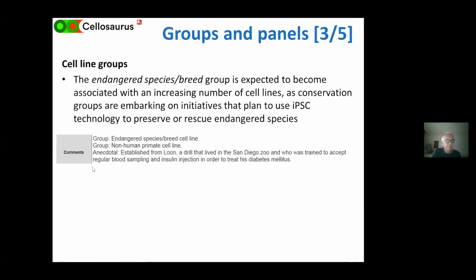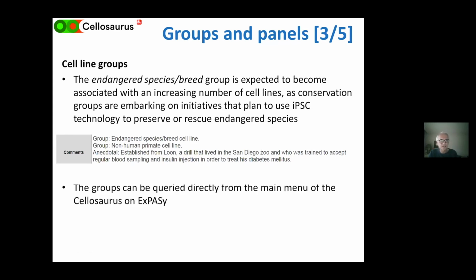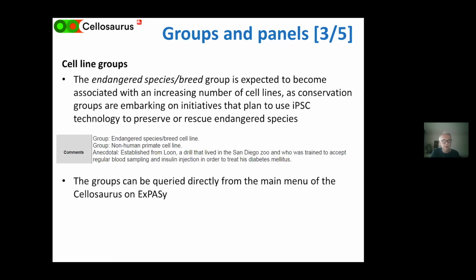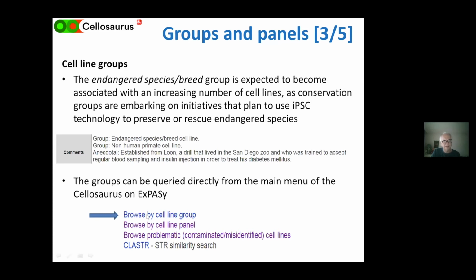Here is an example with a cell line which is both a non-human primate cell line and from an endangered species breed. It was established from a monkey which was trained to accept regular blood sampling and insulin injection. And of course, you can query those directly from the Cellosaurus on ExPASy.